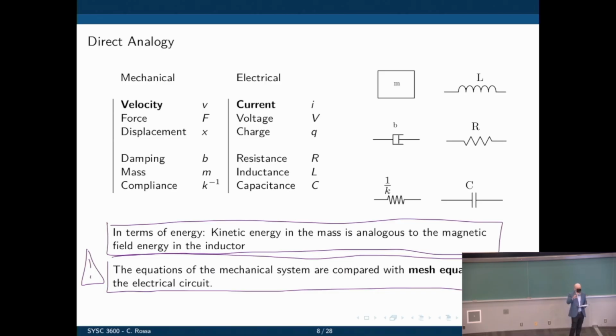If you have an electrical circuit with 4 voltage loops, each loop is associated to a degree of freedom in the mechanical system. So the system will have 4 independent positions. If the electrical system has 4 independent loops, 4 independent positions in the mechanical system, and so on. All right. Well, that is the key to solve that.